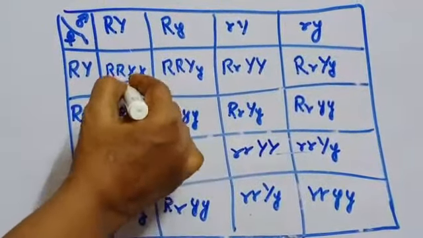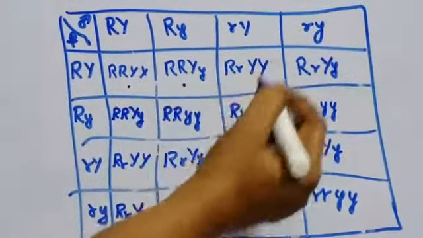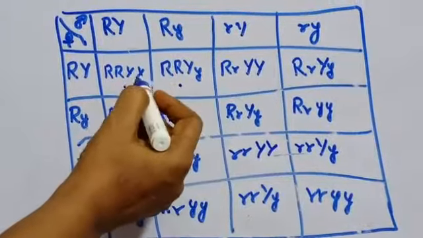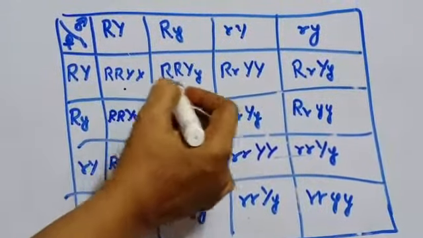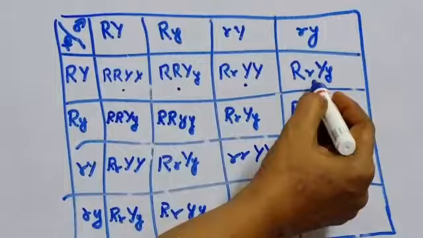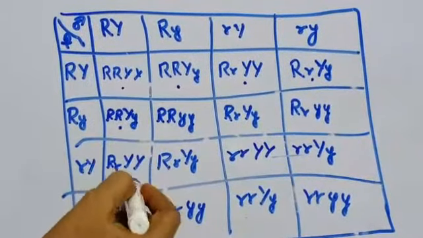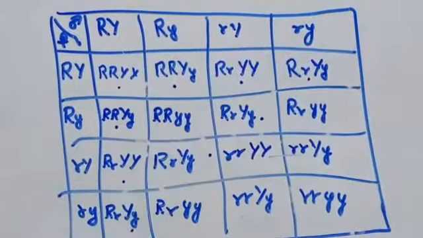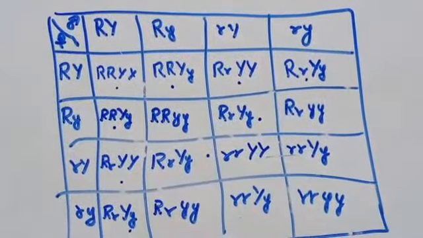See, this is round yellow and this is round yellow, because which is dominant? Round is dominant and yellow is dominant. So round yellow, and this is also round yellow, and this is also round yellow. These are round yellow. See, just you can draw like this.